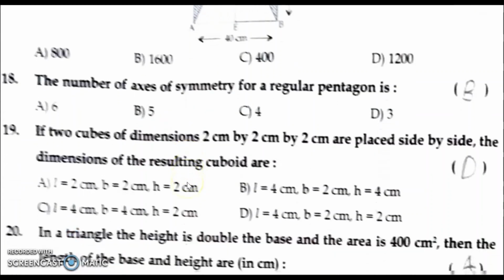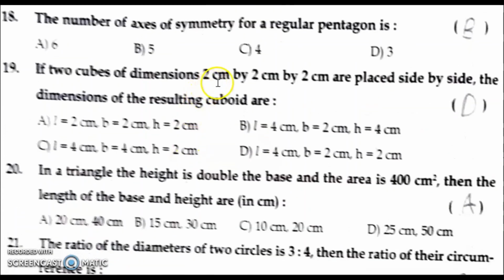The number of axes of symmetry of a regular pentagon is 5. B is the correct answer here. Cubes of dimensions 2 cm by 2 cm by 2 cm are placed side by side.